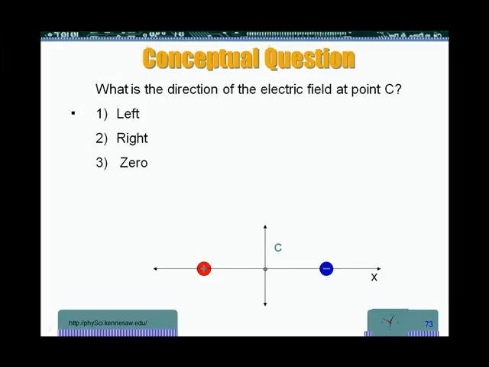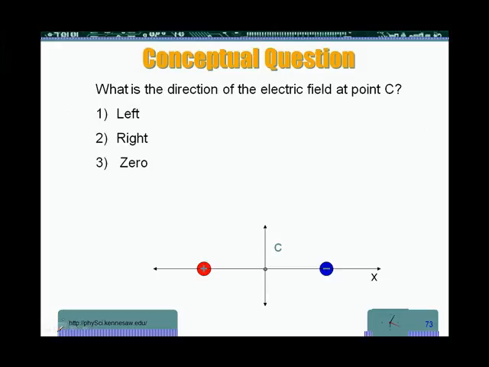Okay, now let's discuss this question. What about at point C? Again, we have a negative charge here, the blue one, and a positive charge, the red one. Point C is halfway between the charges, by the way. I'm not sure if the graphic shows it that way, but it's supposed to be halfway. Now, the negative charge is going to have an electrical field pointing towards it.